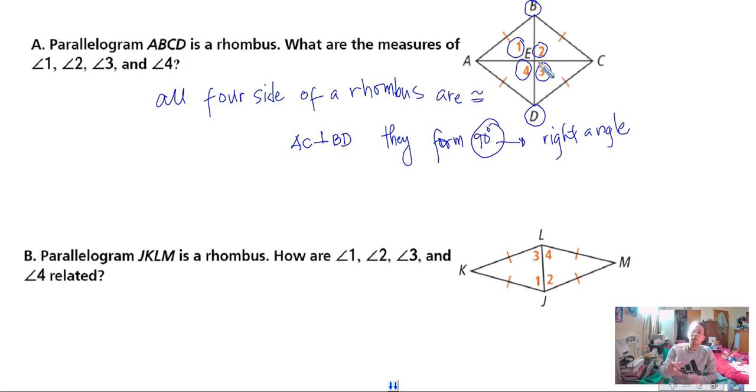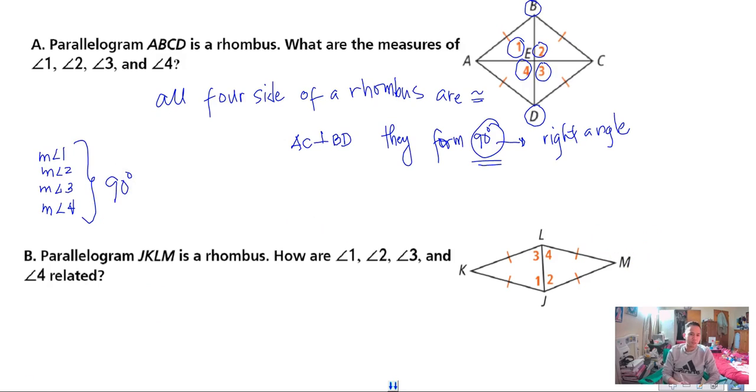All four angles formed by the intersection of the two diagonals are 90 degrees in measure, which is a right angle. Therefore, the measures of angle 1, angle 2, angle 3, and angle 4 are all congruent, which is 90 degrees.